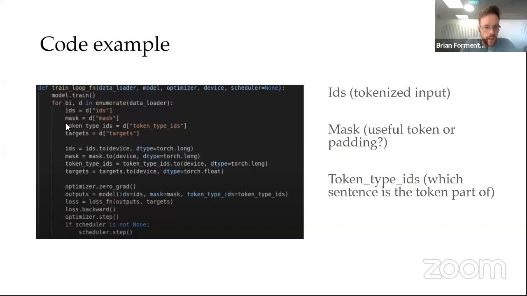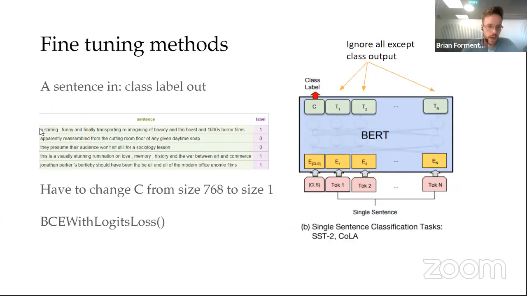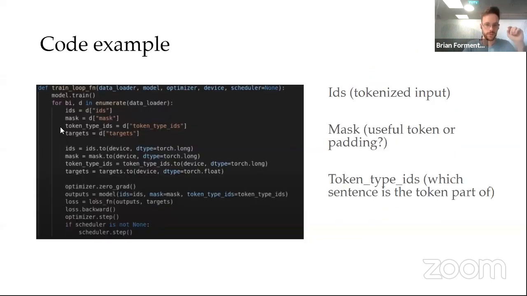Now, why is this broken up into so many different inputs? The reason is that for every sentence, you have to do something called tokenization, okay? And this is quite important for BERT because it turns this sentence, which only us humans can read, into something that the machine can read.